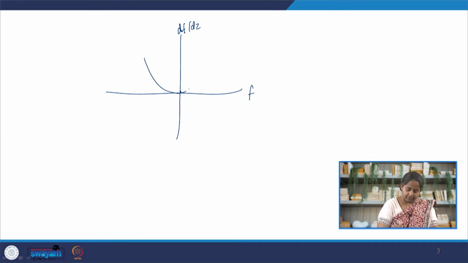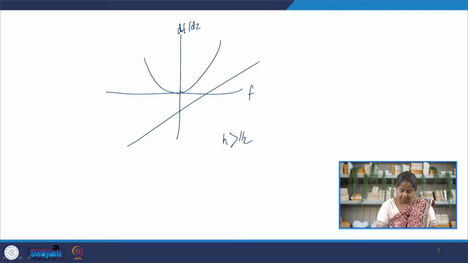So again, the curve, now h has gone beyond half, which means the rate at which we are fishing is bigger than carrying capacity times growth rate divided by 2.